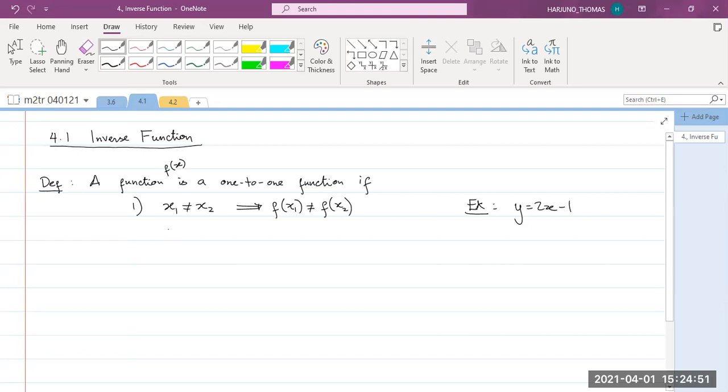Now equivalently, statement number 1 is equivalent to: if the y values are the same, then the x values must be the same.